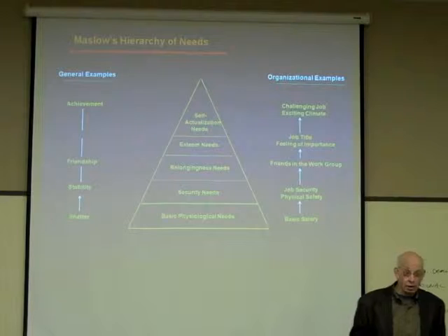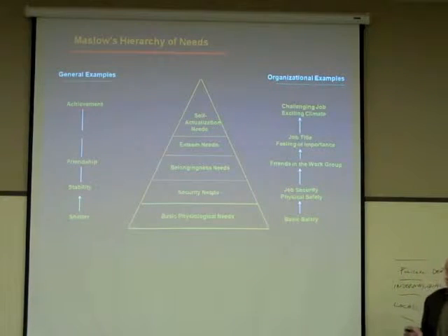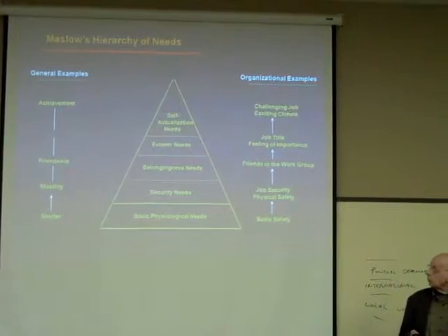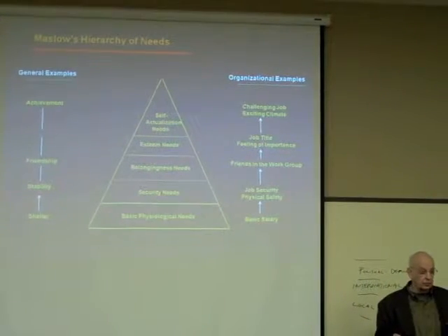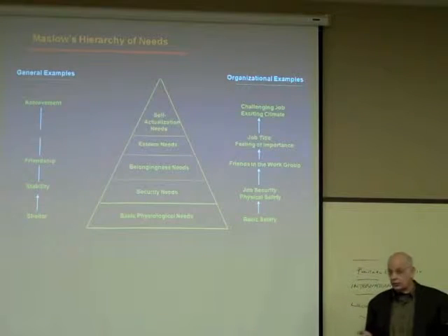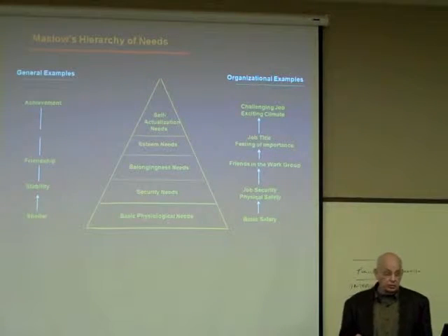No. All right? The next level, Maslow said, was the security needs. People want some job security or physical safety. After that, they want friends in the workroom. Why do we have a bowling club? Or book clubs? Or any other kind of clubs in the company?